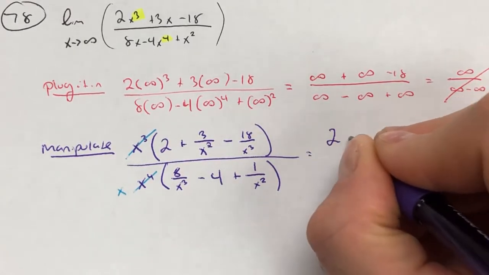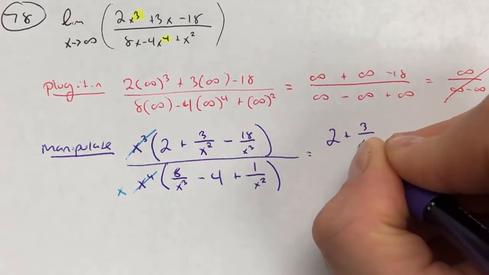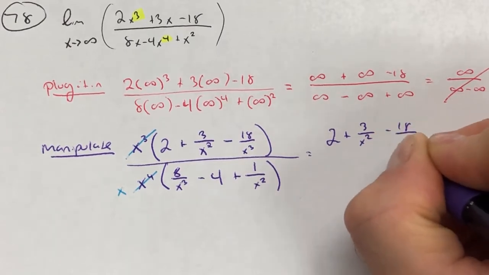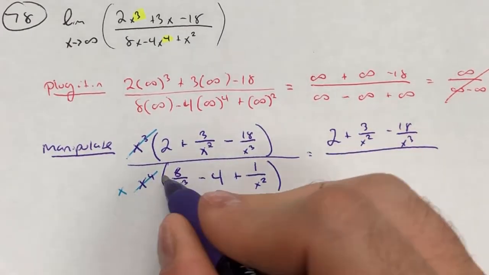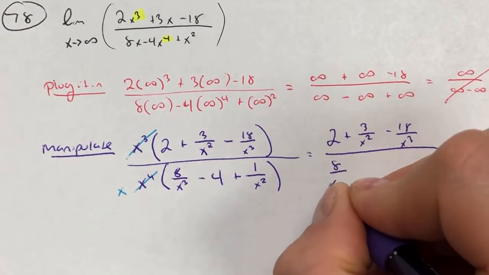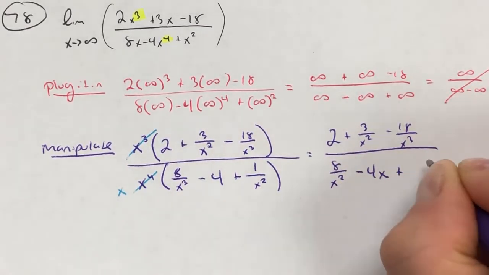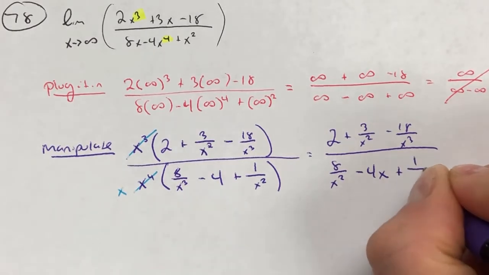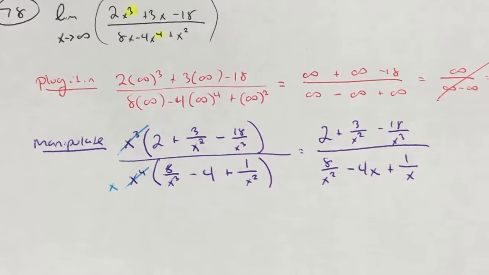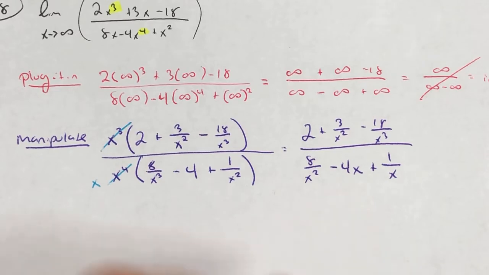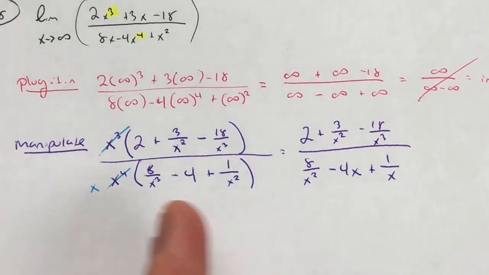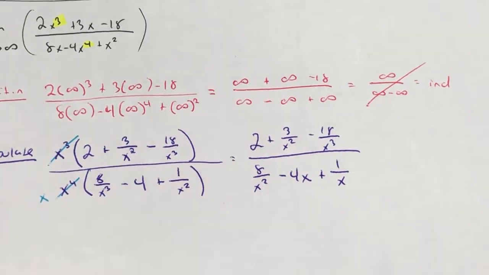So I have 2 plus 3 over x squared minus 18 over x cubed. Once I feed this in, I will get an 8 over x squared minus 4x plus 1 over x. Now when I've gotten to this point and I've factored out the largest possible values, I'm going to revert back to plugging it in.